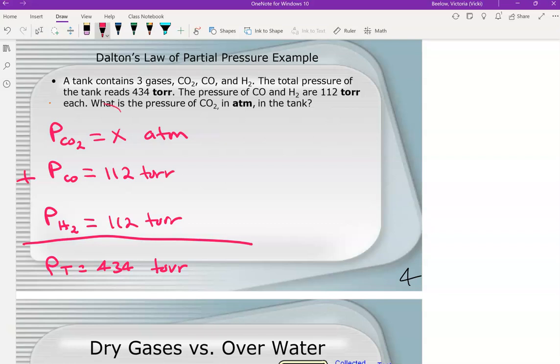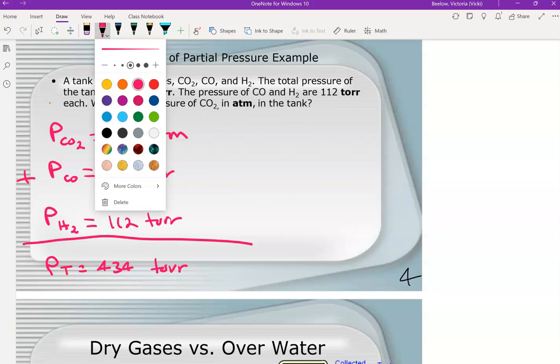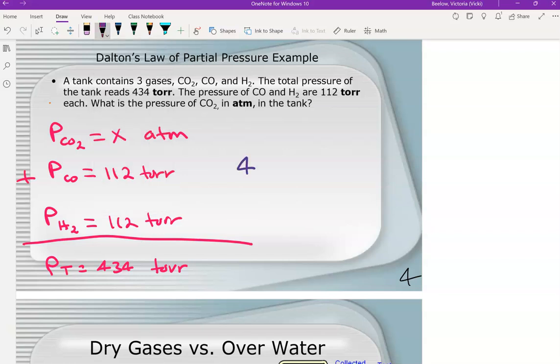Since in this case we're solving for this one, I'm going to set it up like this. We have our total pressure, which is 434 torr, and that's going to be equal to these 3 added together. So here we'll go in order. I have X, which is what I'm solving for, plus 112 torr for the CO, the carbon monoxide, and 112 torr for the H2.